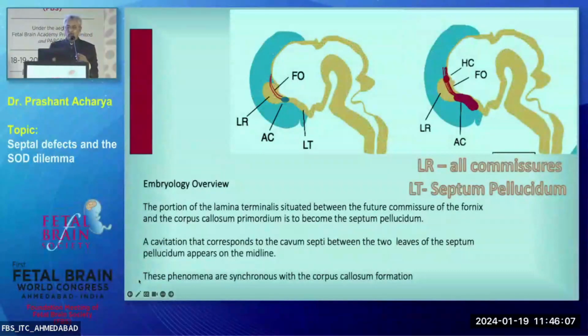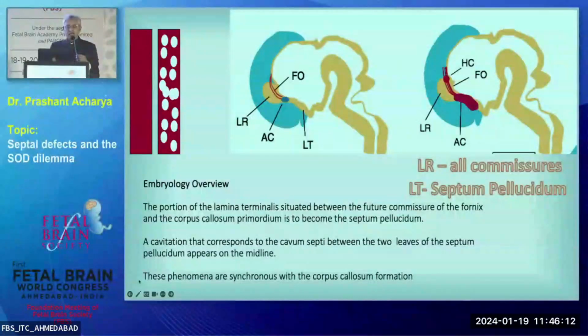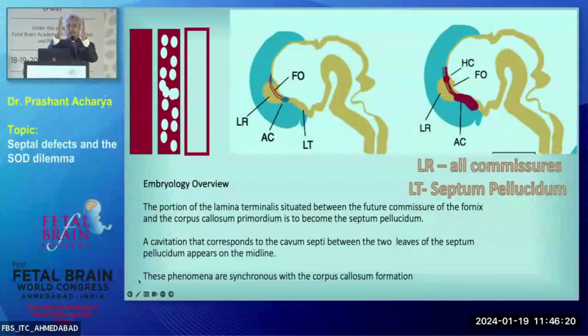From the solid component, some small vesicles develop, and then eventually only a membrane remains, and that is how the septum pellucidum develops. Initially it was a solid part, and then gradually it converts into the cavum. Cavum means a fluid-filled space, and that is what we call the cavum septum pellucidum.